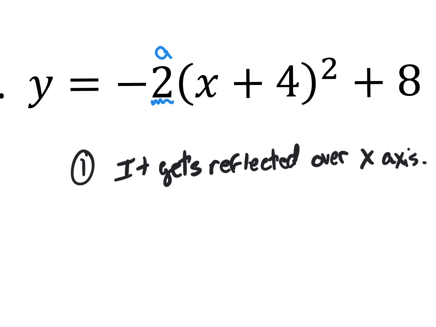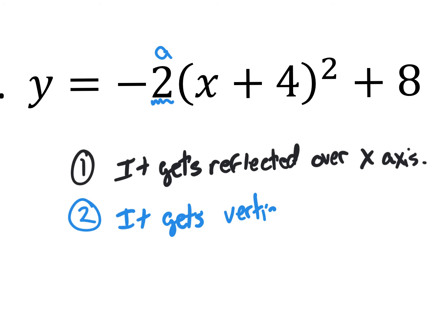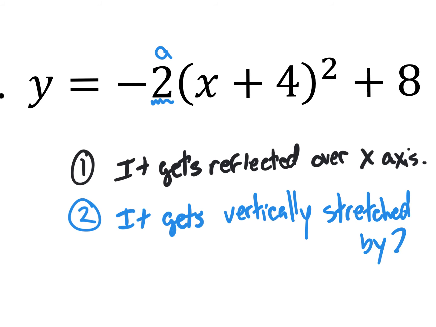So right here, because the a value is 2, we already dealt with the negative sign, because we have the number 2, it gets vertically stretched. And we would say by 2, okay? Now, somebody just asked the question, so if it's a fraction, is it a compression?